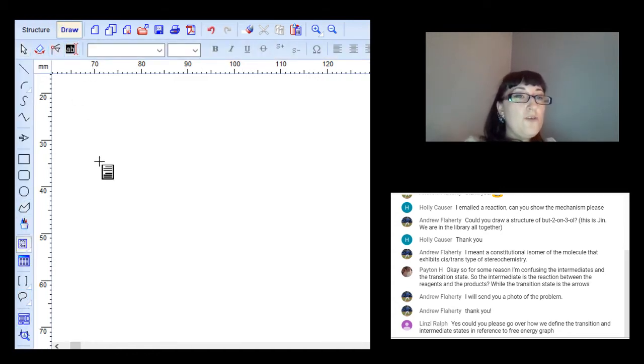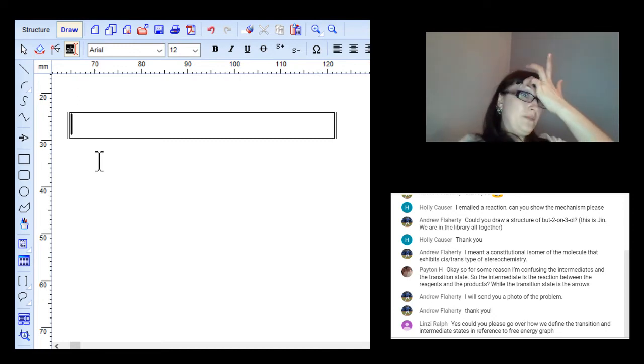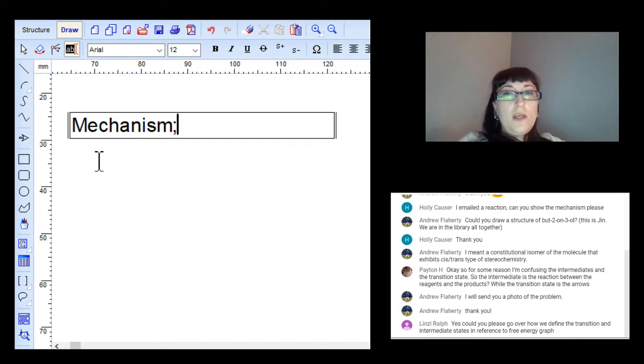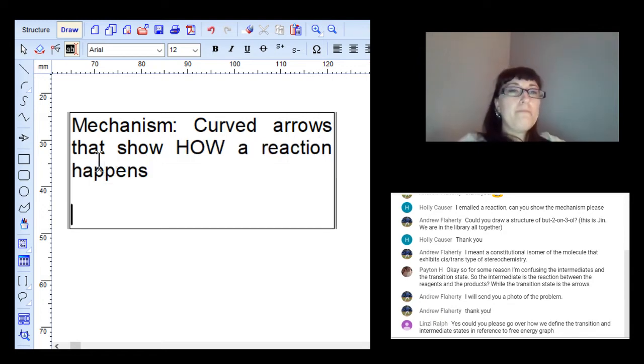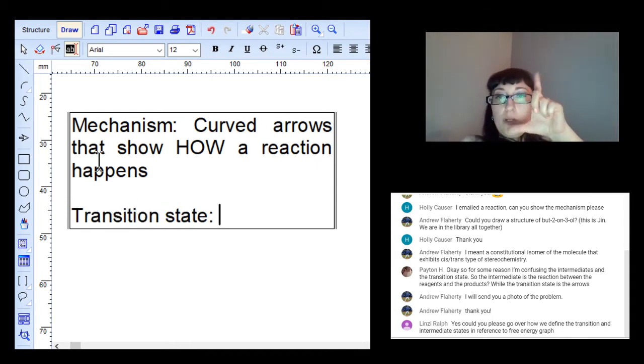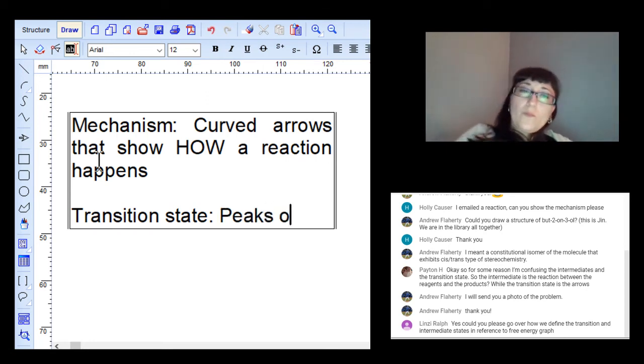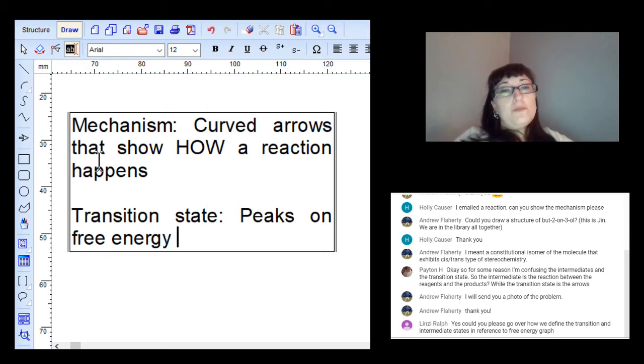But basically, if you have some sort of reaction, there are different components. There's the mechanism, and those are the curved arrows that show how a reaction happens. There's the transition state, and if you're looking at one of those free energy diagrams, it's the peaks on the free energy diagram.